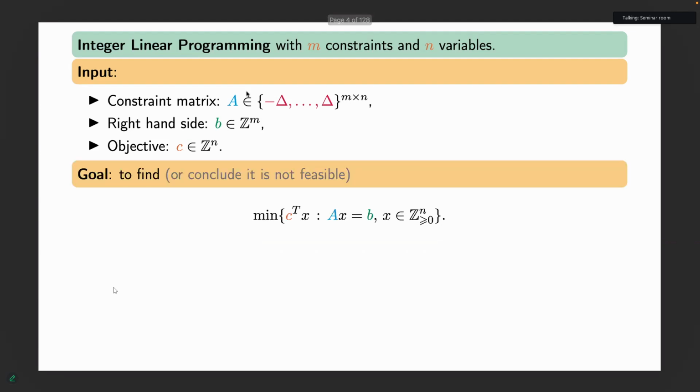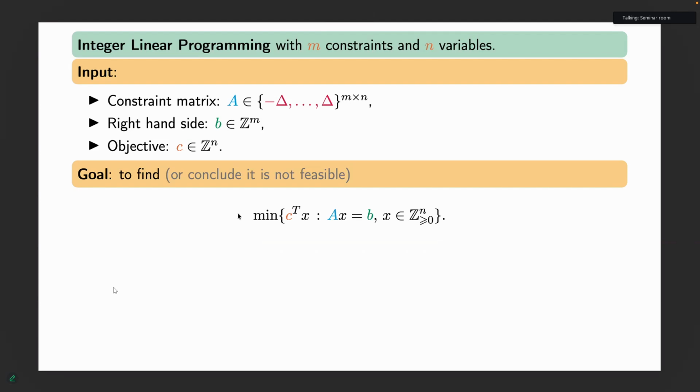And the task in integer linear programming is to decide if this set has at least one solution. This is feasibility of ILP. Or, more generally, you want to find the minimum solution, so a vector that is non-negative on each coordinate, that satisfies this equality, Ax equals b, and that minimizes the objective value.